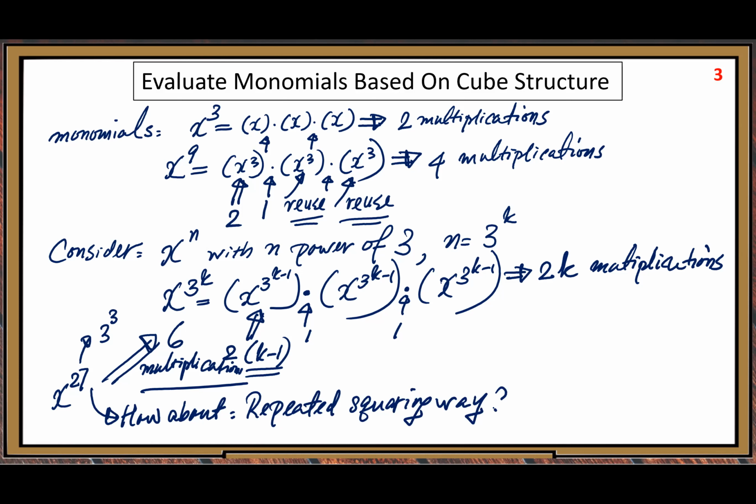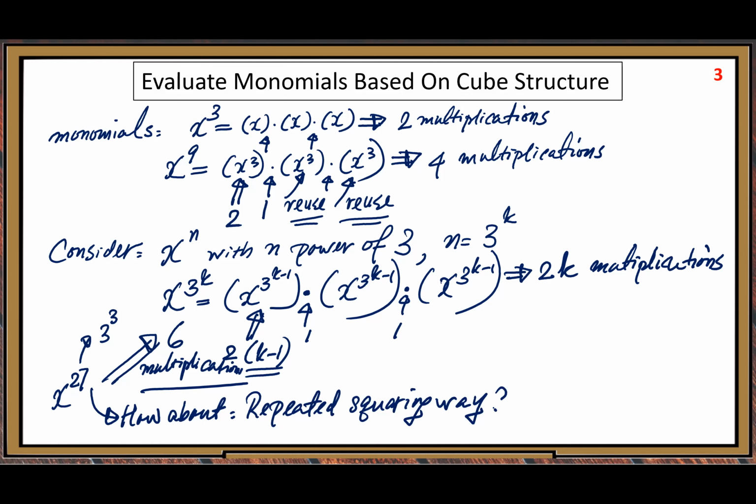So the repeated cubing method takes advantage of the intrinsic cube structure property. Square structure is not an intrinsic structure in this number 27. So we have to pay a little more cost.